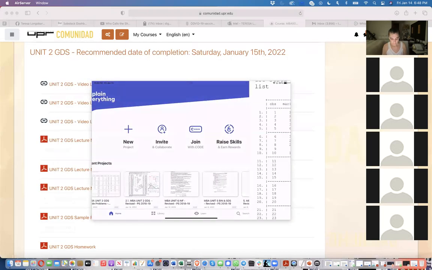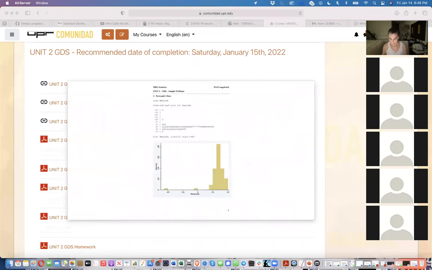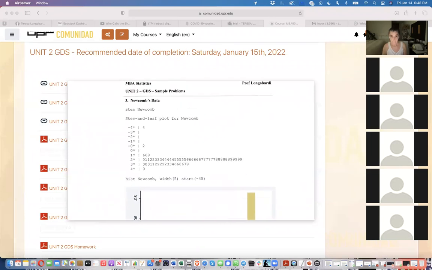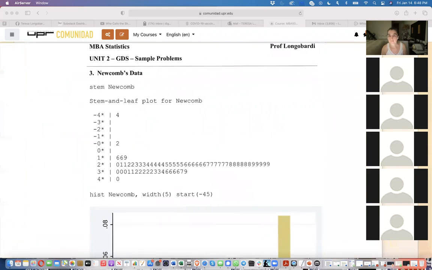Okay, so let's look at what is Newcomb data. So oops, I went out. Newcomb data is here. Again. Emmanuel, where do you find the intervals 0 to 24?